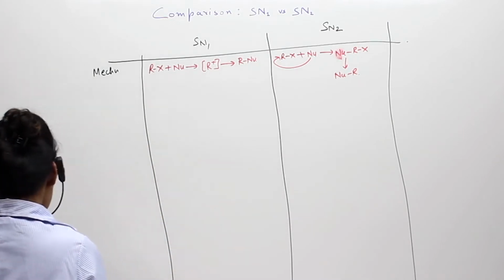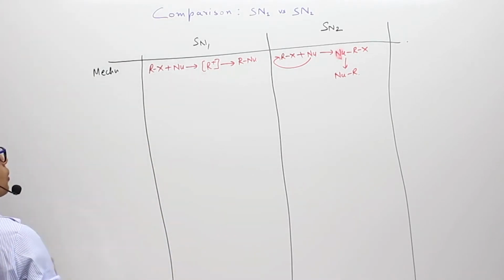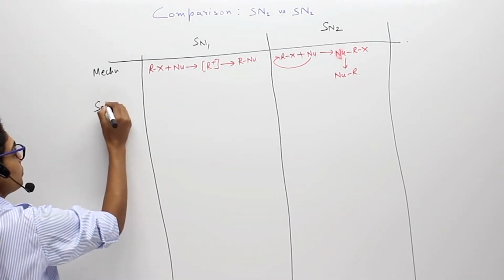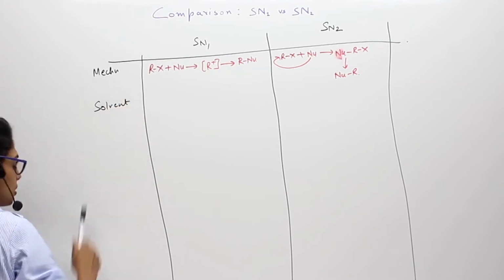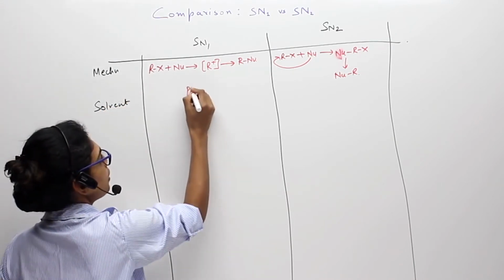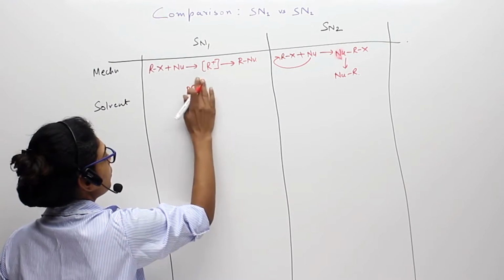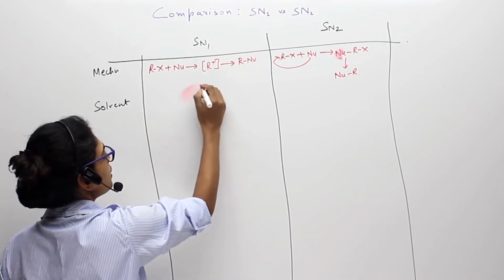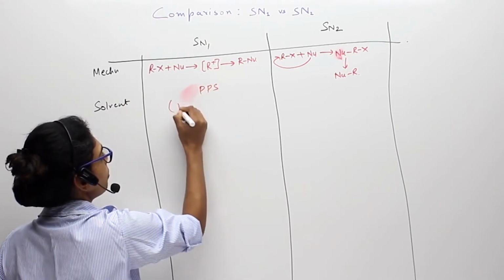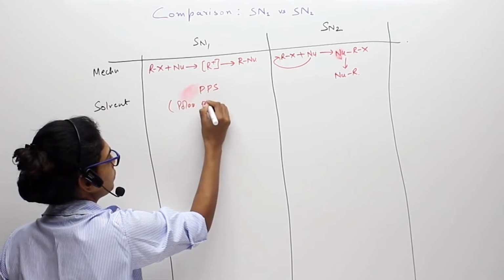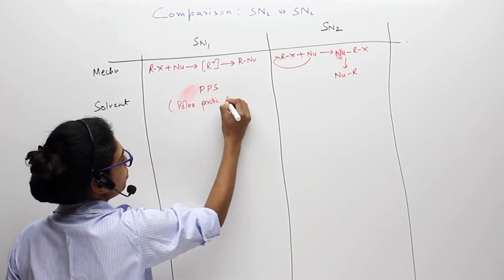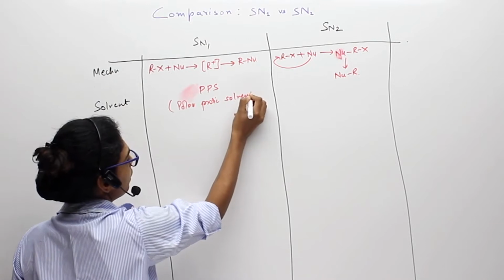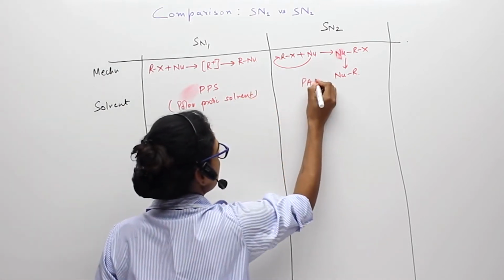Okay. Next is the comparison in terms of solvent. Solvent, what we take here is PPS, polar protic solvent. So polar protic solvent supports SN1 and PAS supports SN2.